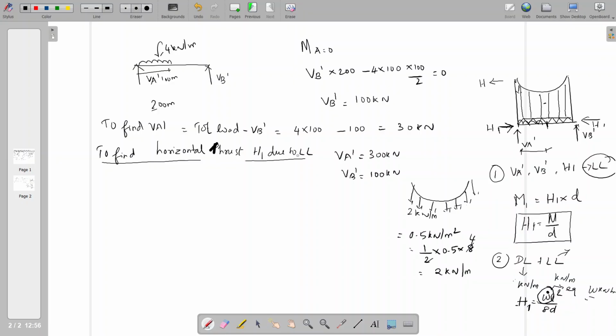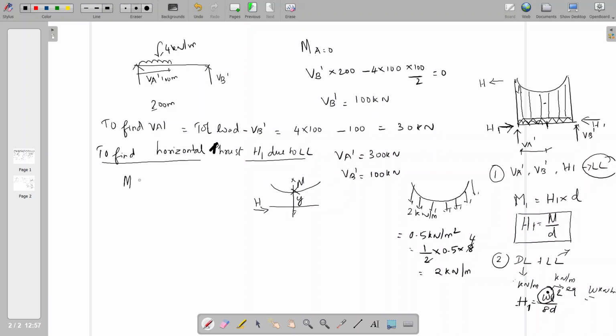So first of all, the basic formula is moment, that is girder, cable level. If you take moment about this point, here is your horizontal reaction, Y is your depth.